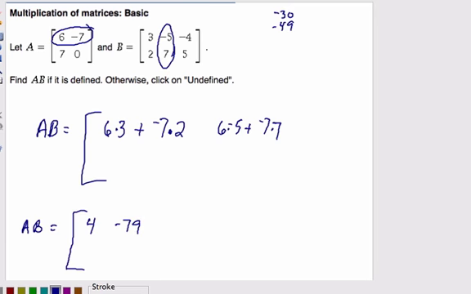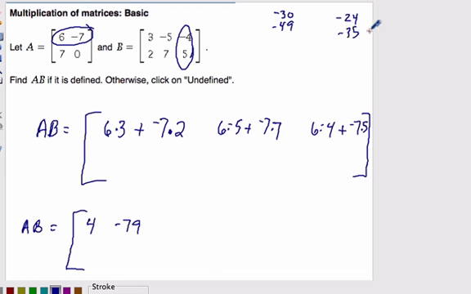Okay, and now we're going to continue this, row 1 with column 3. So that's going to give me 6 times a -4 plus a -7 times 5. And so that's going to give me a -24 and a -35, and that's going to give me a -59 there.